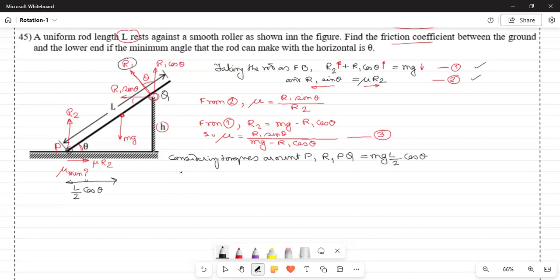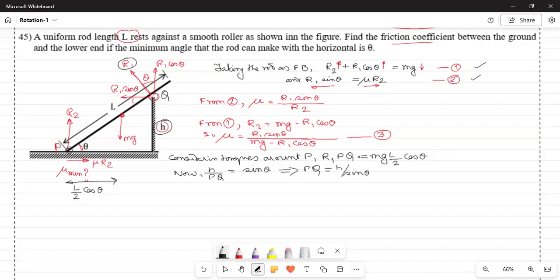Now what is PQ? H is given, this height H. H upon PQ is equal to sine theta. Therefore PQ is equal to H upon sine theta.